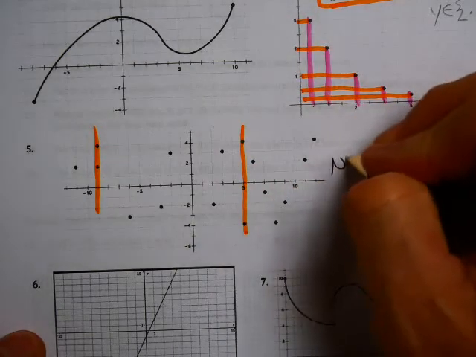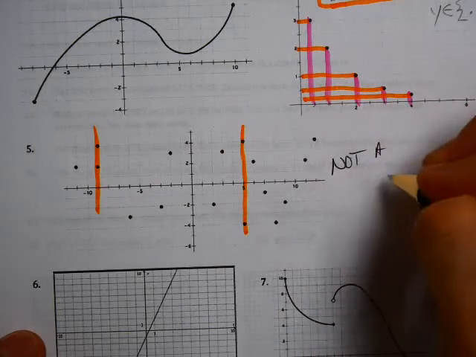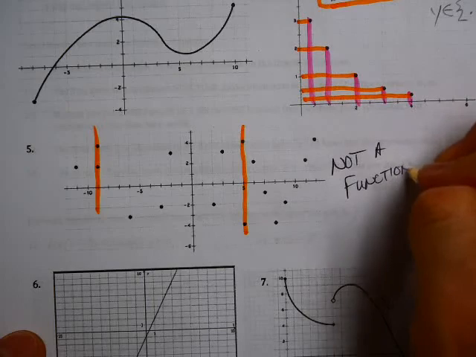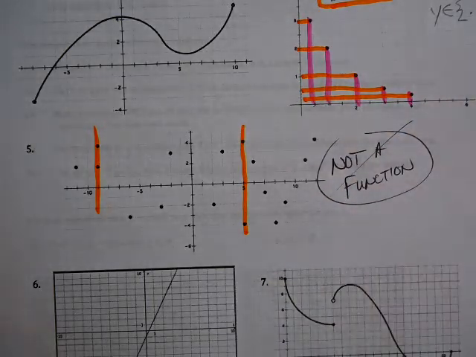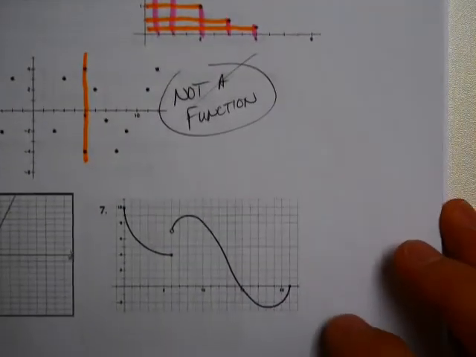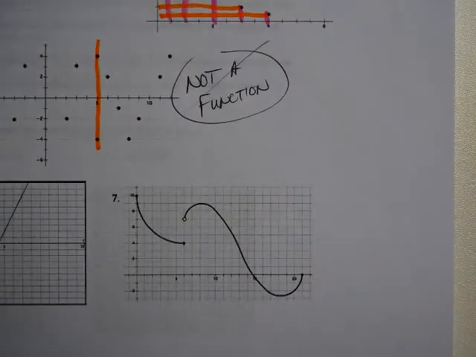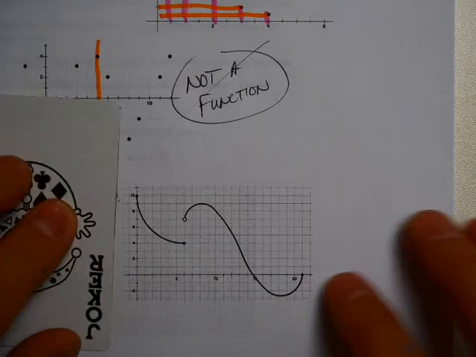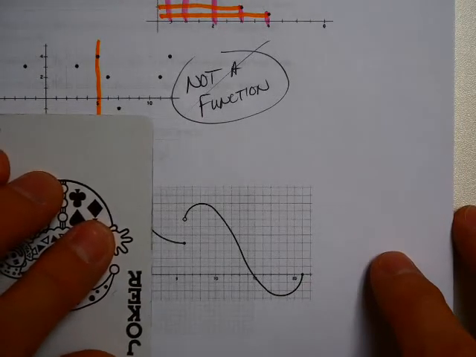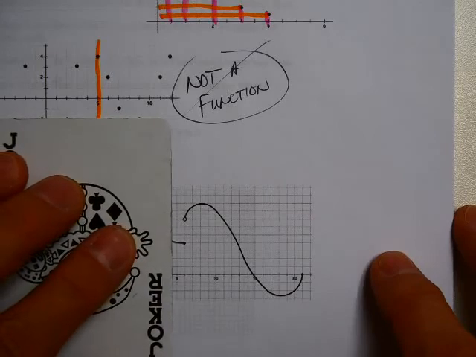And then 7. Let's do the vertical line test. Am I touching more than one place at any time?